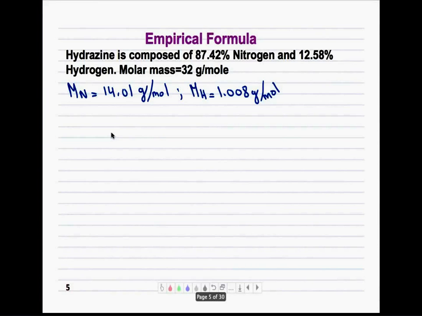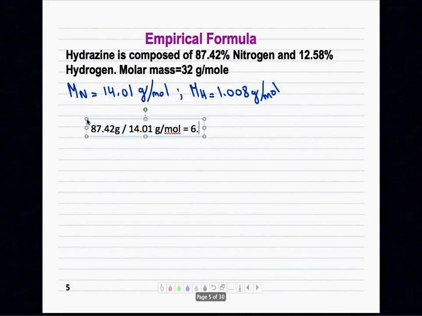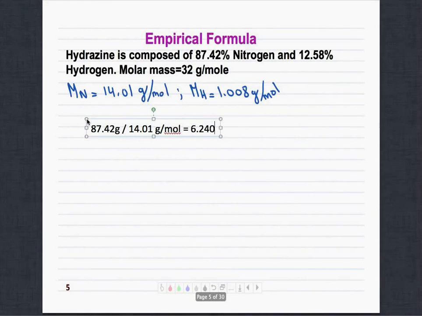So the first step is to calculate the number of moles of nitrogen, which is mass over the molar mass of nitrogen. The mass that I have in that compound is 87.42 grams over the molar mass of nitrogen, which is 14.01 grams per mole. And I'm going to get 6.240 moles. This is how much nitrogen I have.